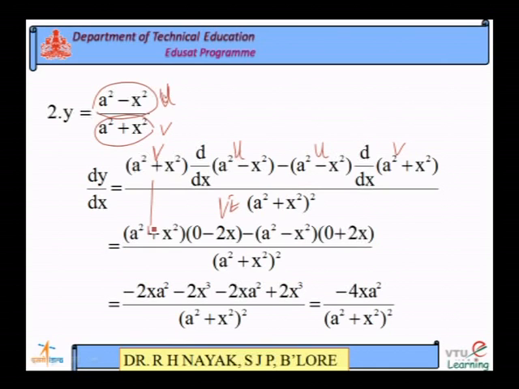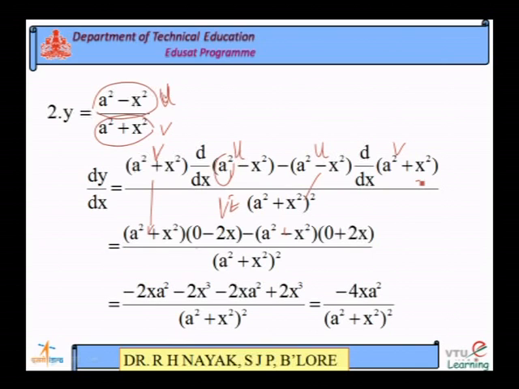Keep v as it is, differentiation of the constant is 0, minus differentiation of x square is 2x, minus keep v as it is, differentiation of a square is 0 and x square is 2x. So, leaving the 0 term, we multiply with minus 2x, and we get minus 2x into a square minus 2x into x square, and 2x with minus of minus plus a square.